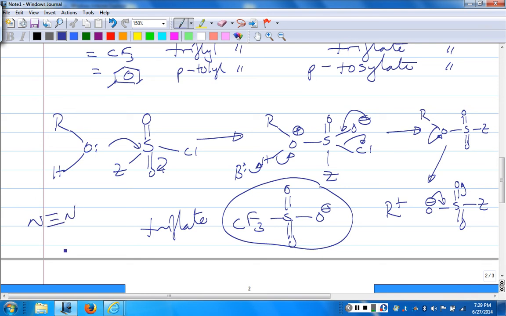Water is actually a very good leaving group as well, but the world's best charged leaving group is triflate. So if I want a reaction to go via SN1 or E1, a unimolecular reaction, chances are I'll conduct the reaction using a triflate, because they tend to promote unimolecular reactions.